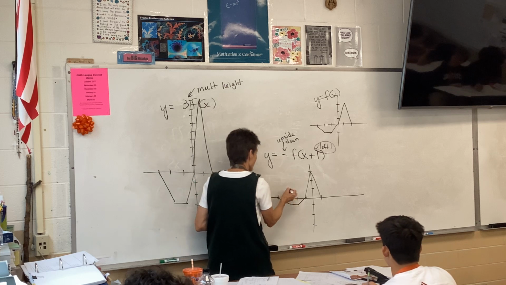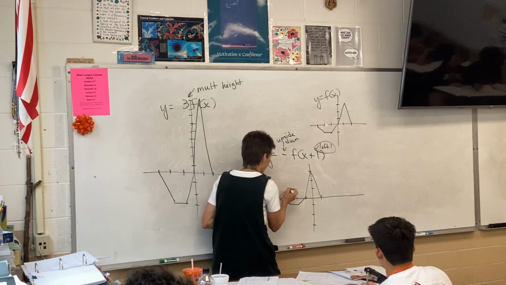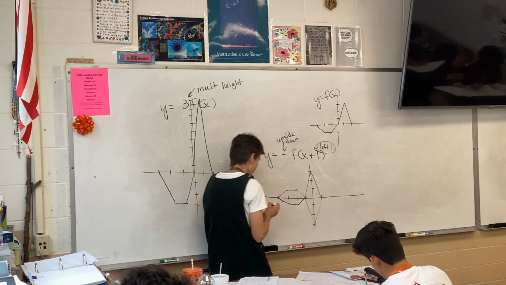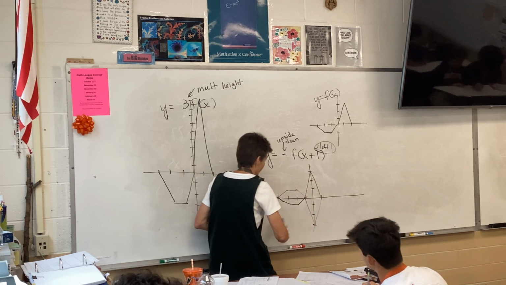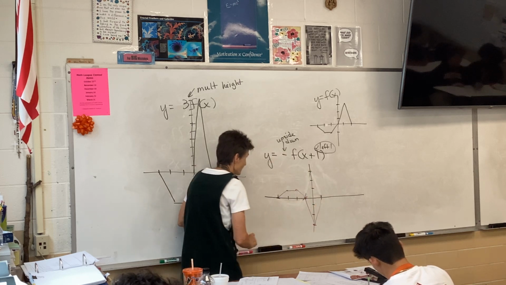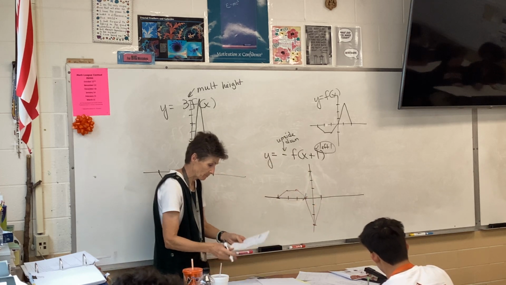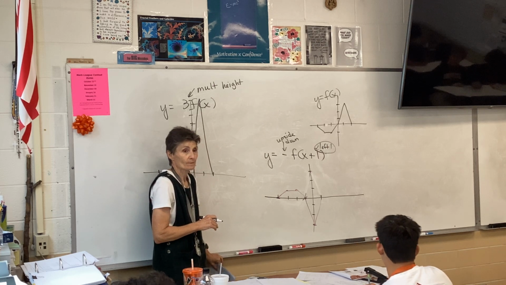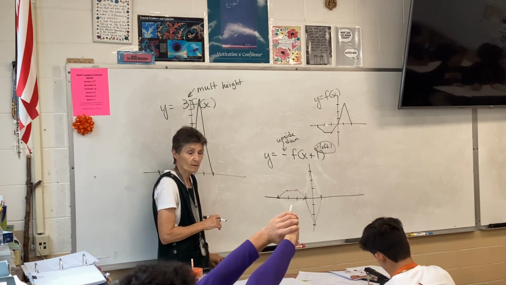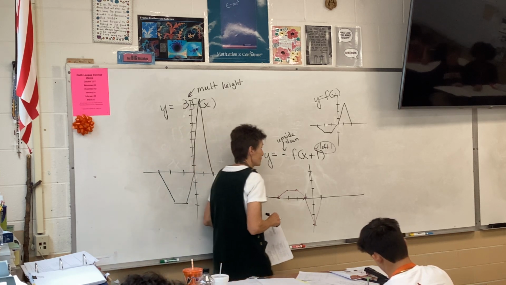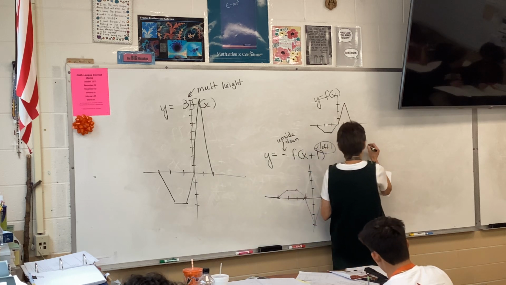So my trapezoid is going to come up, and my triangle is going to come down. So the pink will be the answer to that question. All right, we okay with that? Gotta know your rules, guys. All right.